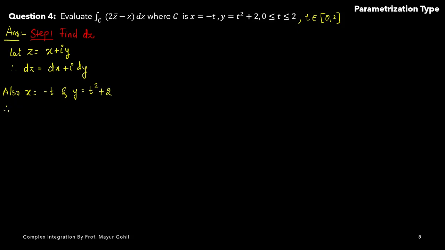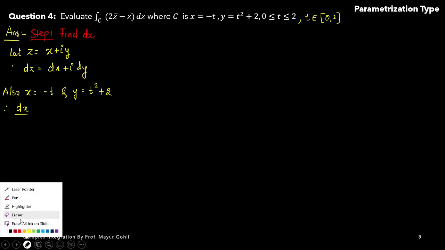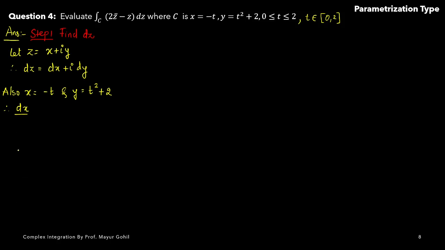Therefore dx by dt is minus 1, and dy by dt is 2t. Therefore dx equals minus dt, and we have dy as 2t dt.